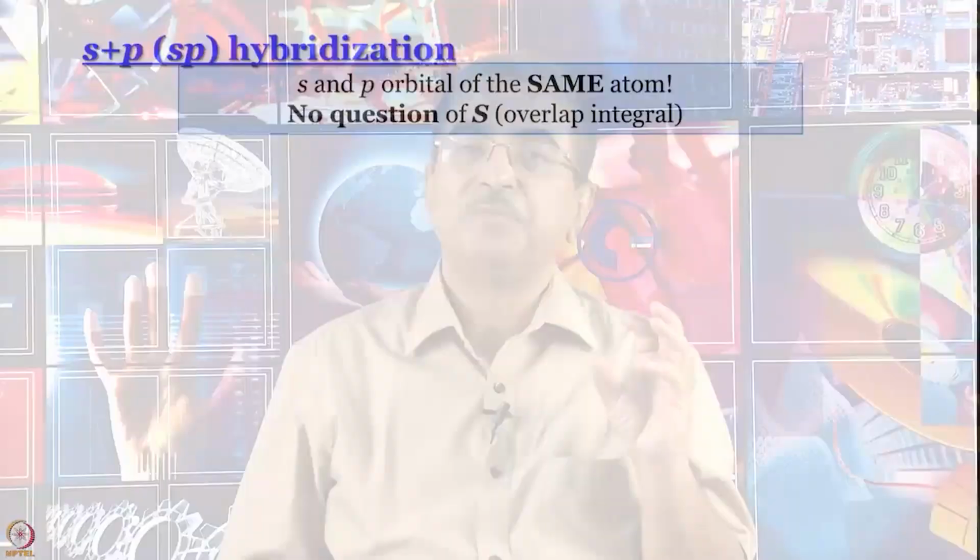And so, if you need two equivalent bonds like you do in acetylene, then I need one s orbital, s will always be there, and I need only one p orbital to mix with the s orbital. So, I use sp. Because one s orbital and one p orbital give you 2 sp hybrid orbitals, and how they look we will come to that.